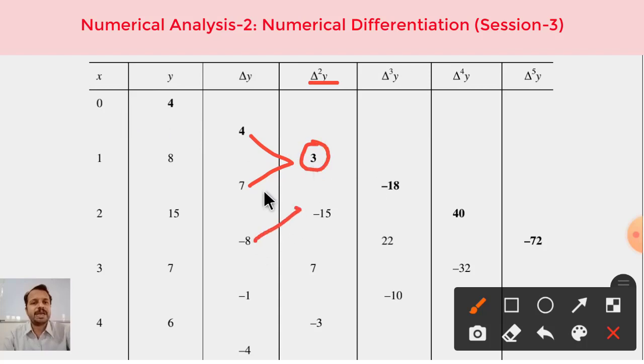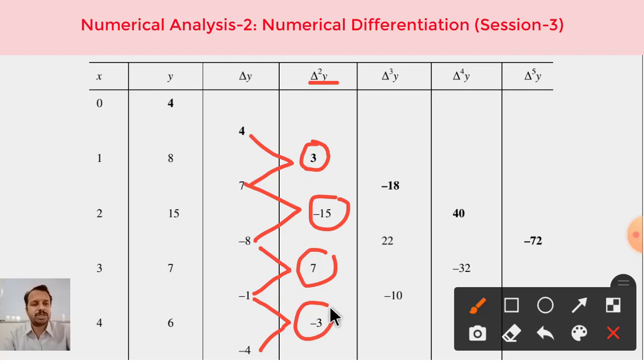Similarly, minus 8 minus 7 is minus 15, I have written here. Minus 8 minus of minus 8, it is minus 1, plus 8 is plus 7. Minus 4 minus of minus 1, that is minus 4 plus 1, answer is minus 3. So likewise, we got all the values in the third column, that is for second order differences.